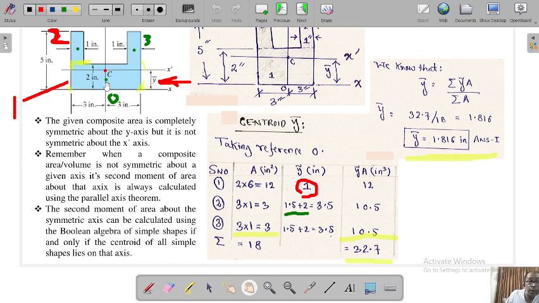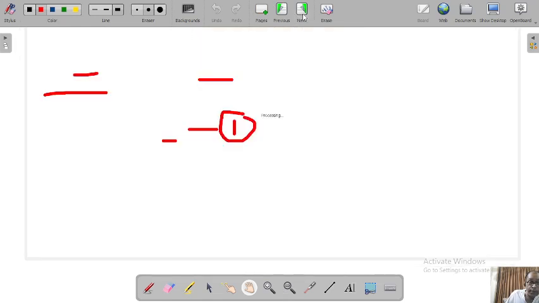This is the second moment of area of the rectangle about its own centroid, which you have calculated here.